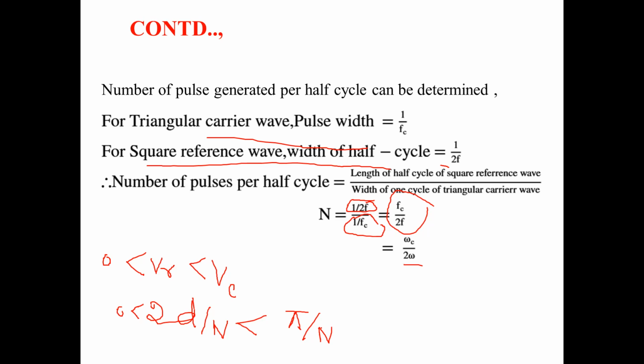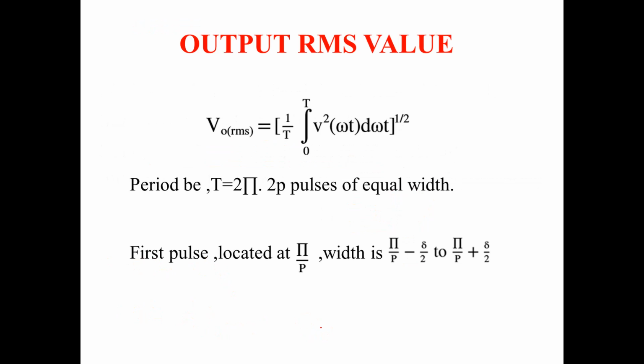By adjusting the magnitude of VR of the reference square wave, the pulse width will be 2D by N. Now this is the formula to calculate the output RMS value.